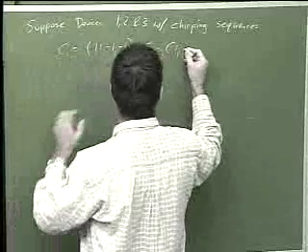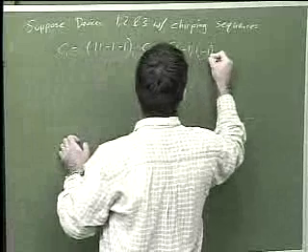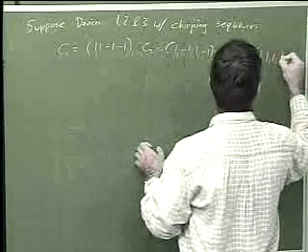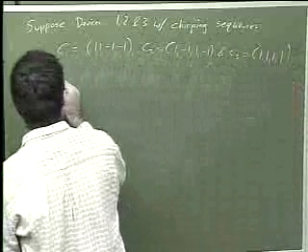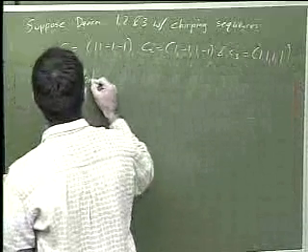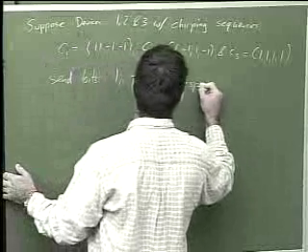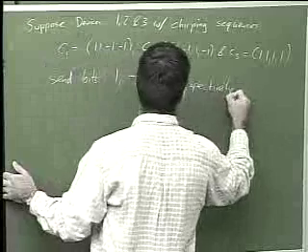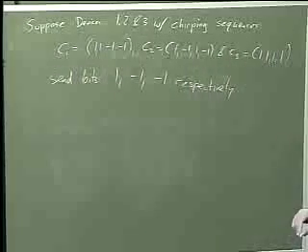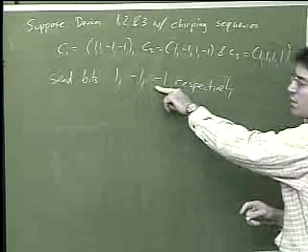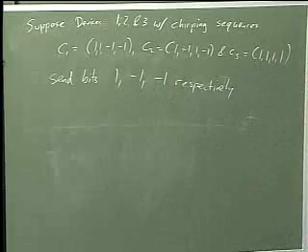C2 equals 1, minus 1, 1, minus 1. And C3 equals 1, 1, 1, 1. Send bits 1, minus 1, minus 1 respectively. Okay, so device 1 wants to send a bit 1, device 2 wants to send a bit minus 1, and device 3 wants to send a bit minus 1.